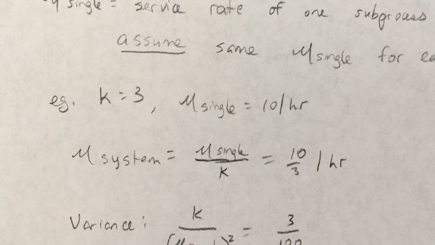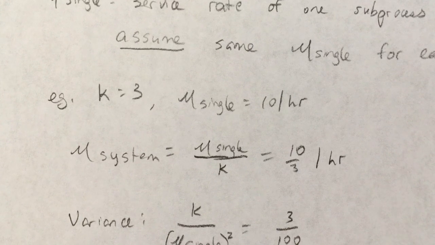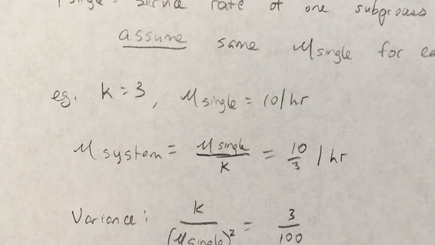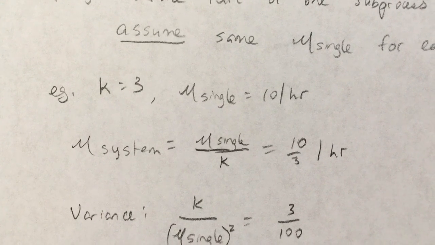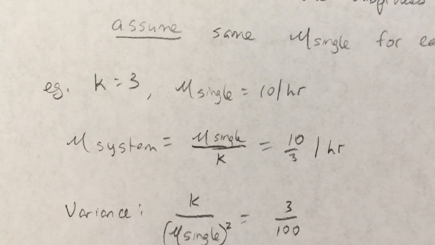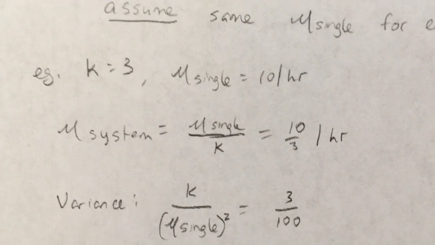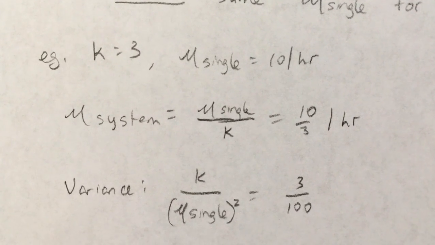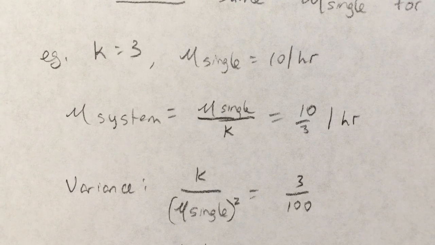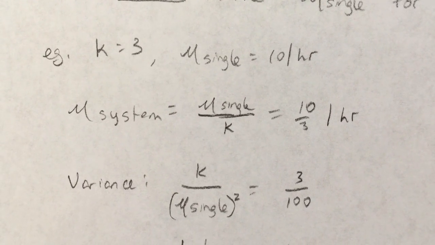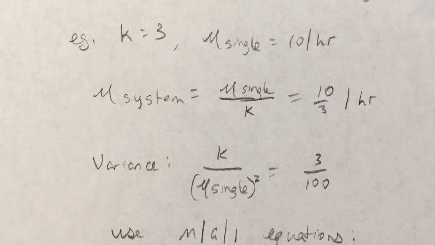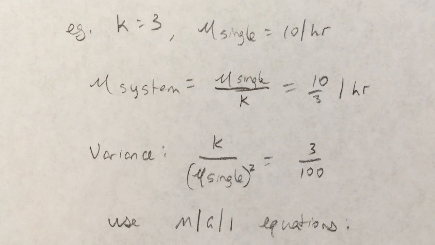And you're assuming that the next customer cannot start into the service process until the previous one exits. So it's not like Starbucks where you walk in and somebody takes your order, and while yours is getting made, they're taking the next order. This entire thing is sequential. The variance is just going to be K over mu single squared, so the service rate squared. So in this case, it's 3 over 100. These are exponential service times for these sub-processes.